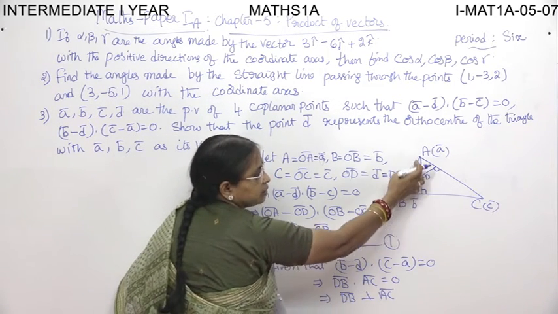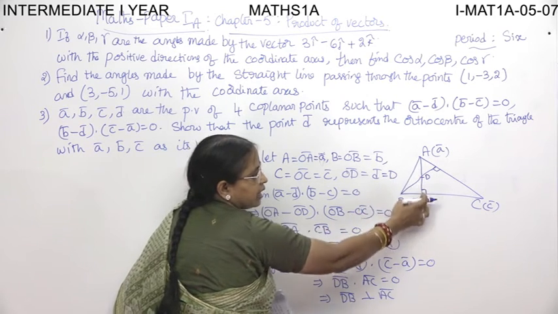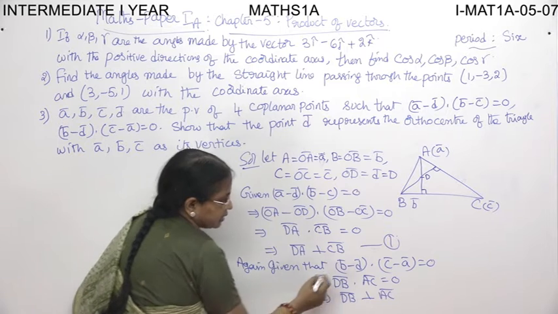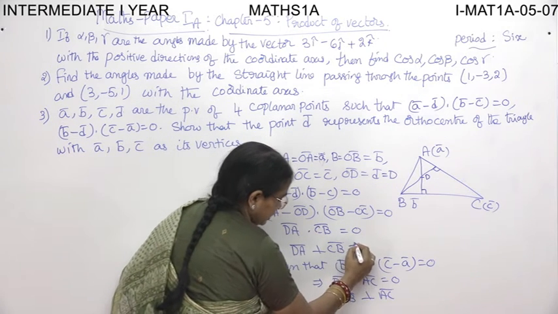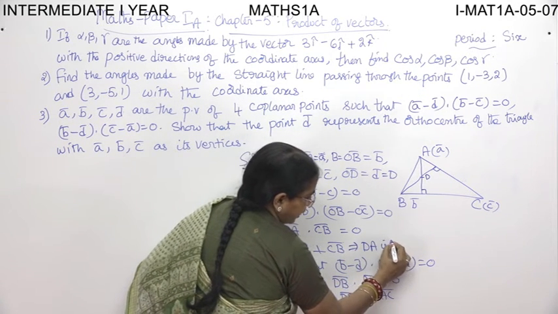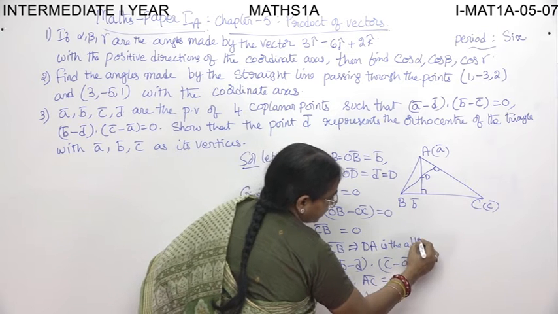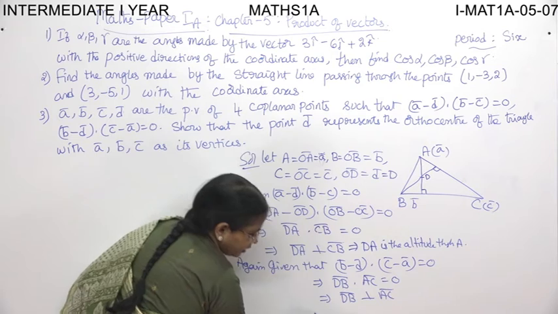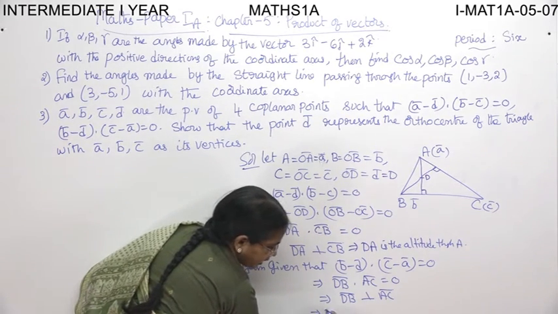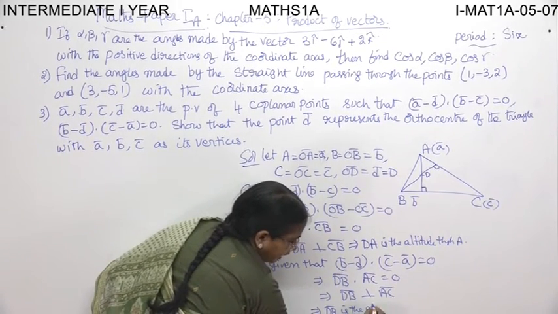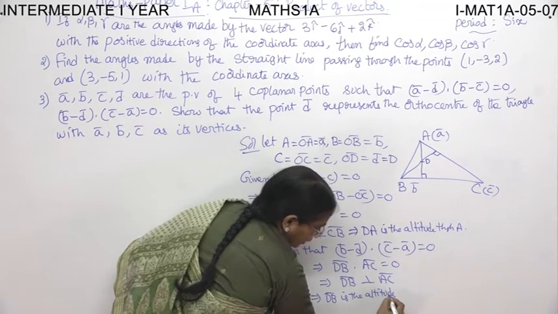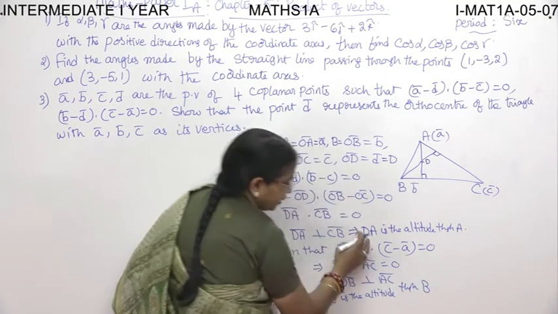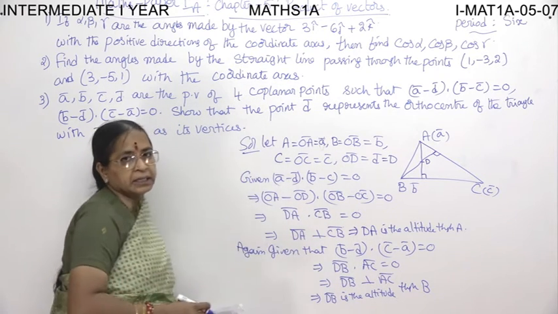They are passing through the opposite vertex, so this is the altitude. From these two, you can say that DA is the altitude through A. And from the second, you can say that DB is the altitude through B. So, in both the altitudes, we have the point D in common.